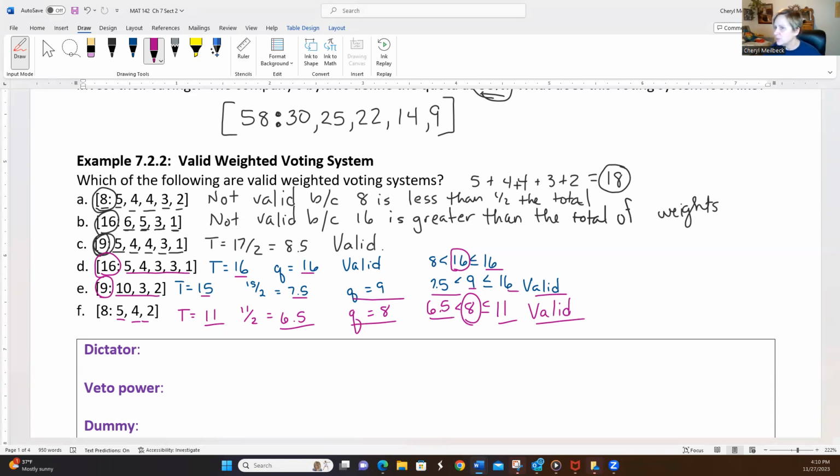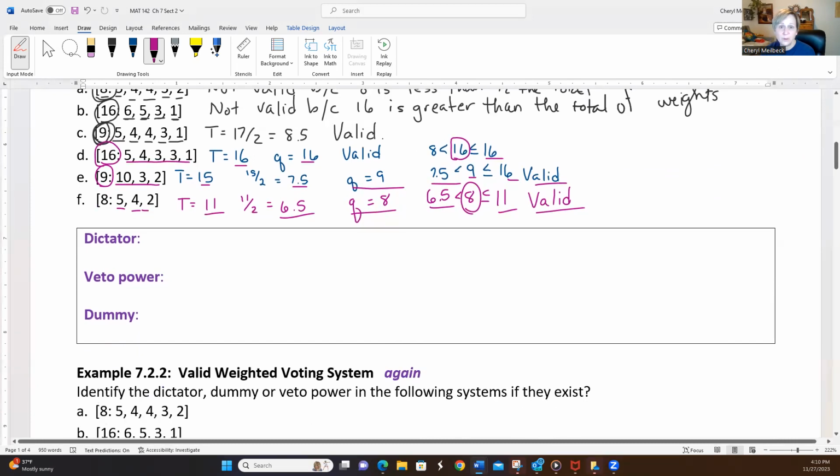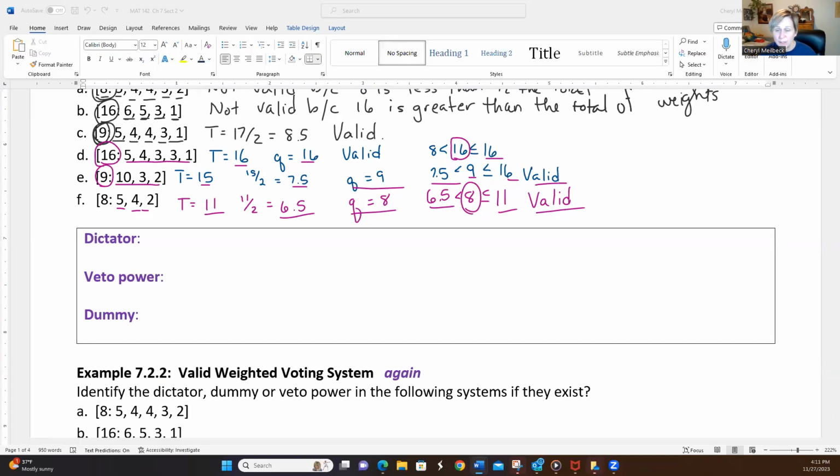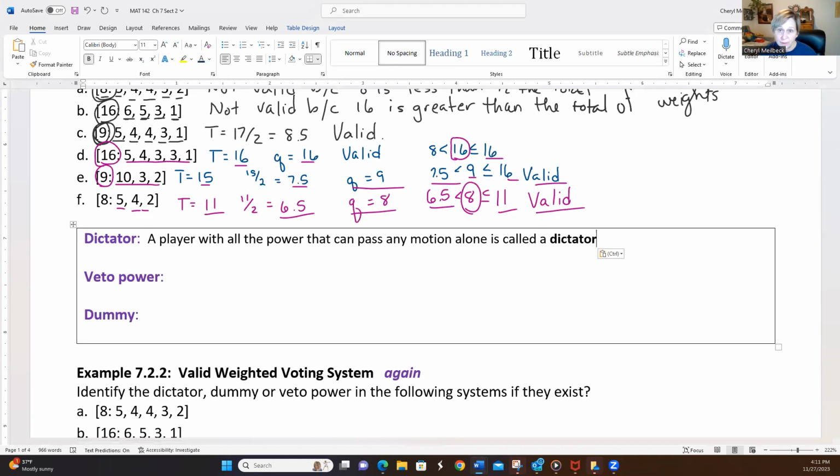Let's move on with some definitions here. A dictator, veto power, and dummy. So a dictator is a player with all the power, who can pass a motion alone without any other players. They are called a dictator.